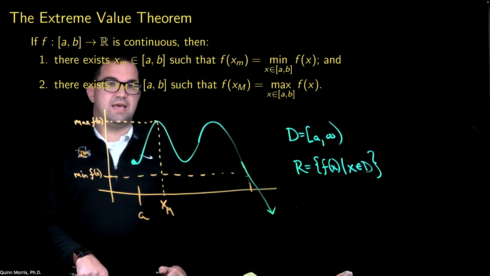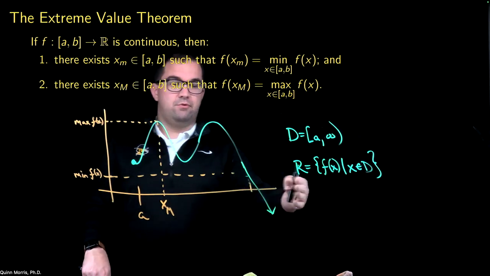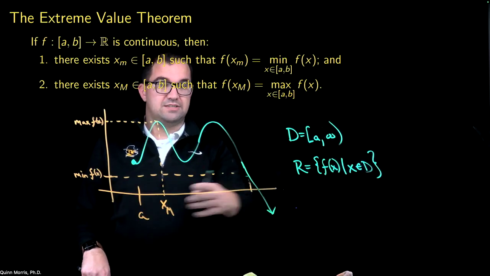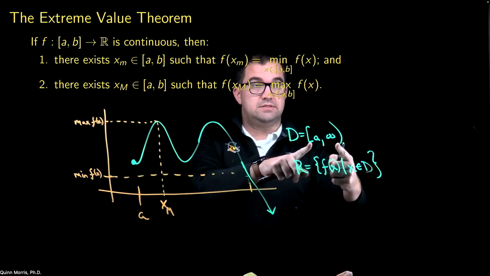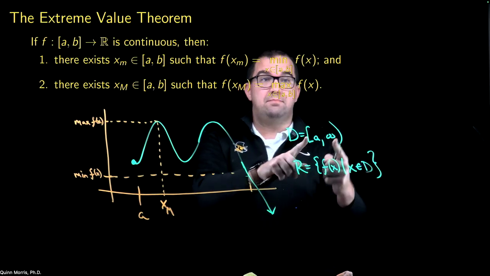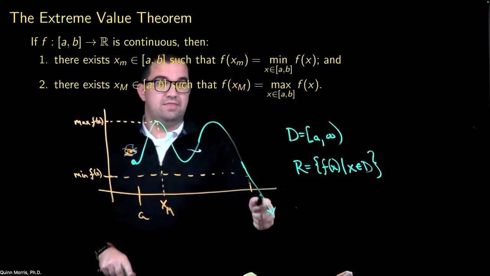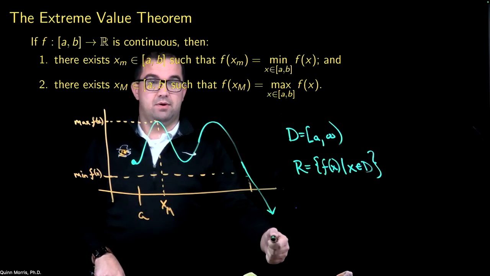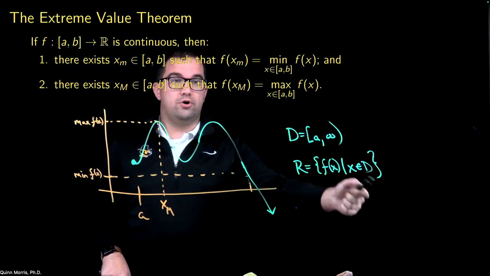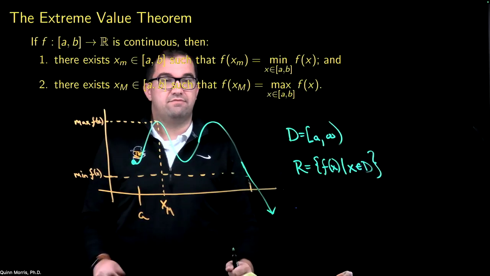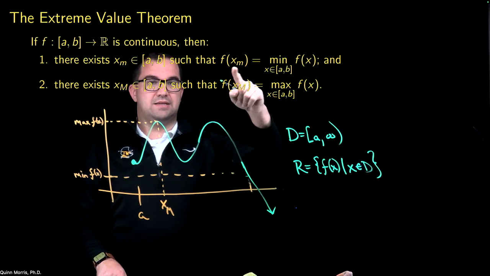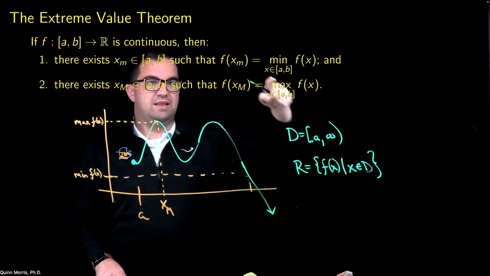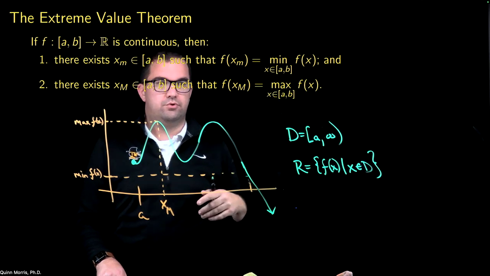And so now in this case, by eliminating the boundedness part, I still have a closed interval. This is still closed. It still contains all of its limit points, but it's now closed and unbounded. Now in this case, I don't even have an infimum for this set. This set is unbounded below. There is no infimum. So even hoping to find an x sub little m such that this is satisfied is going to be problematic because there's not even an infimum for it to be equal to.